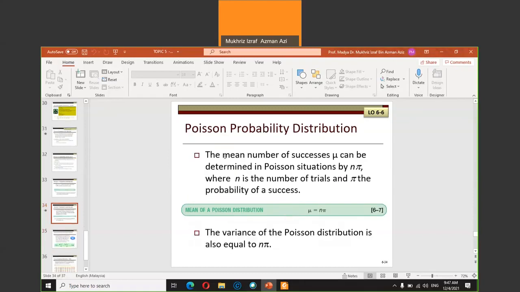Just like binomial, you can also calculate the mean. In Poisson, the mean will be n multiplied by pi, which is taken from the binomial concept, where n is the number of trials and pi is the probability of success.